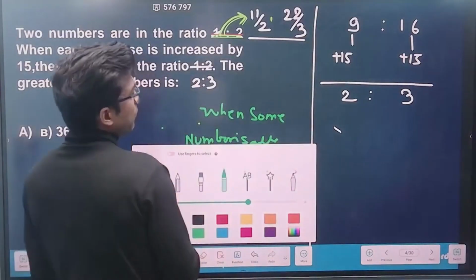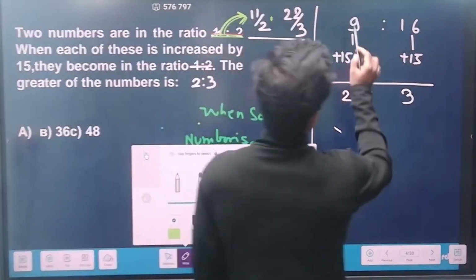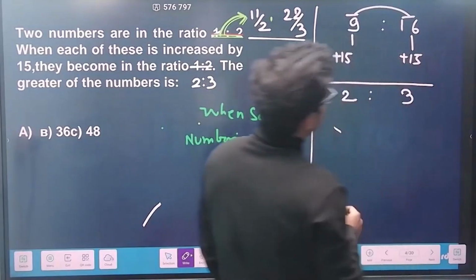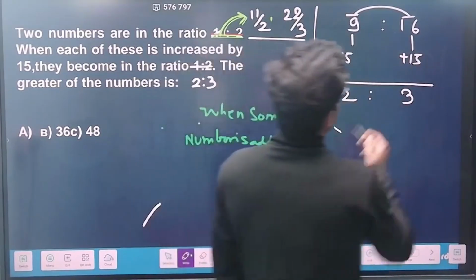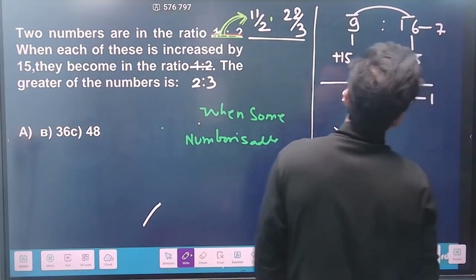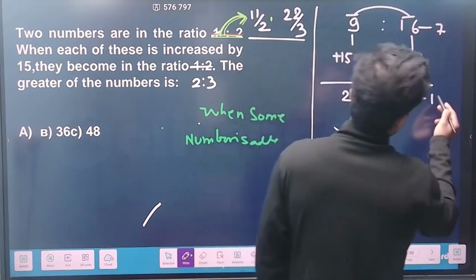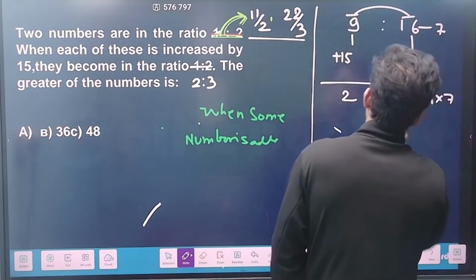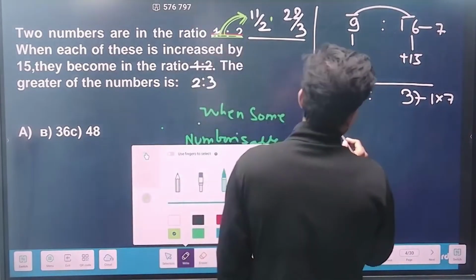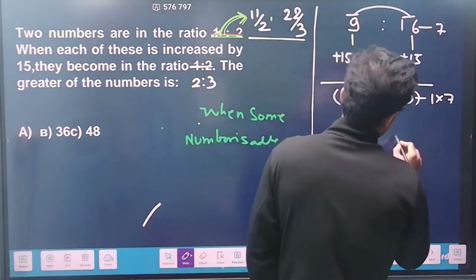To make the difference equal, here the difference is 7, and here the difference is 1. So you will multiply this whole part by 7, and this will become 7 2s are 14, and 7 3s are 21.